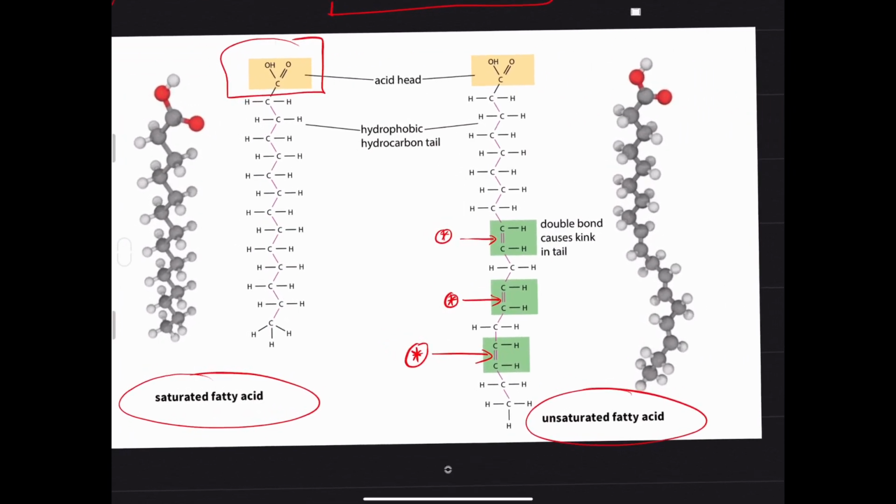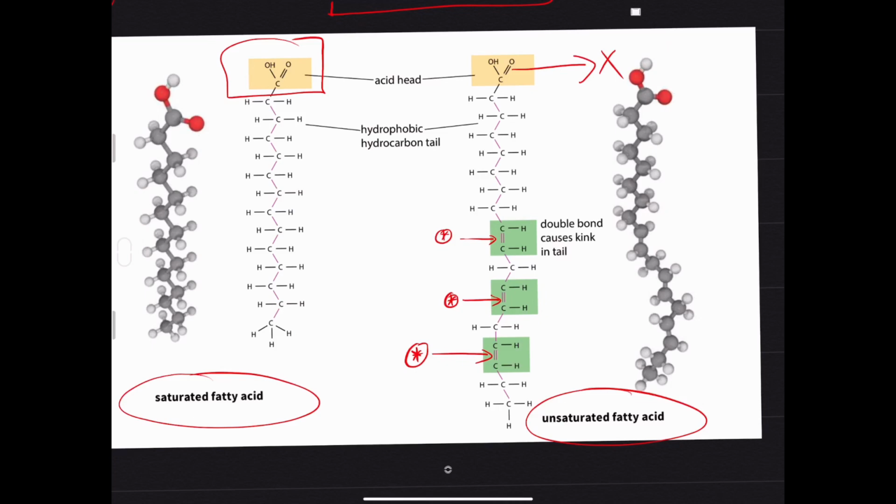It's not the double bond at the acid head part. So it's not this double bond. It's not that double bond. It's the double bond within the hydrophobic hydrocarbon tail that makes a lipid saturated or unsaturated.